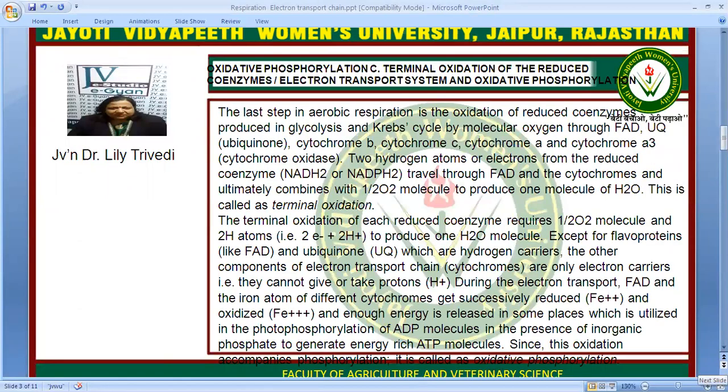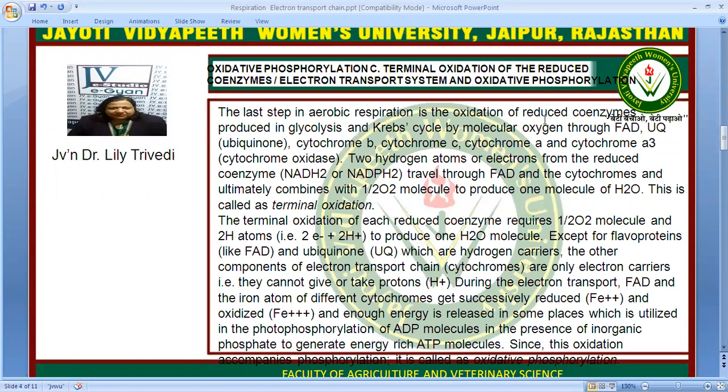Now we come to the oxidative phosphorylation, that is terminal oxidation of reduced coenzyme, also called the electron transport system. Another name is oxidative phosphorylation. Now this is the last step of aerobic respiration, in which the coenzymes are oxidized.